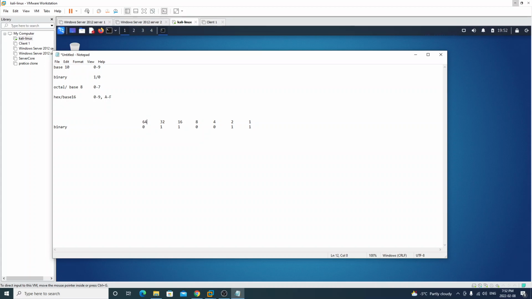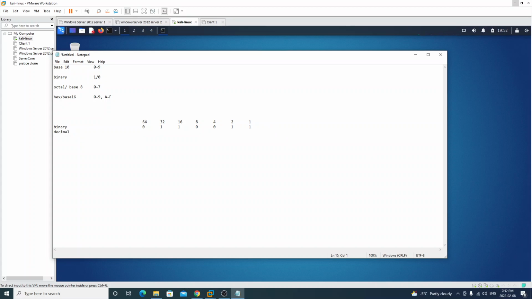And what the ones and zeros mean is, in a binary chart, zeros mean off and ones mean on. So we only count the ones that have ones in them.